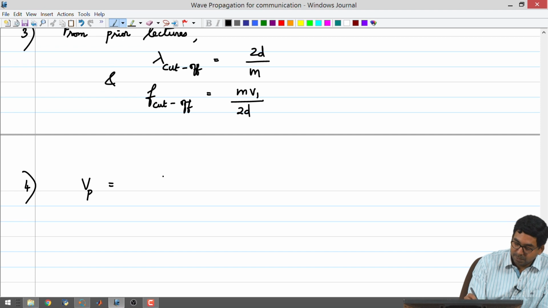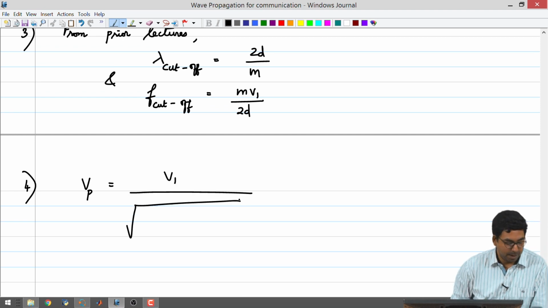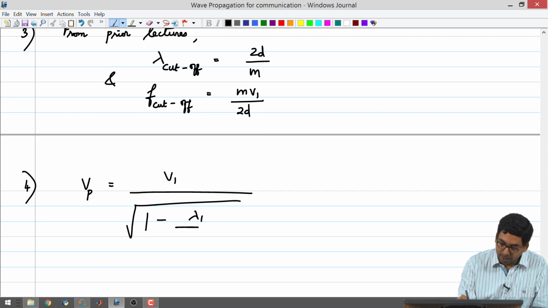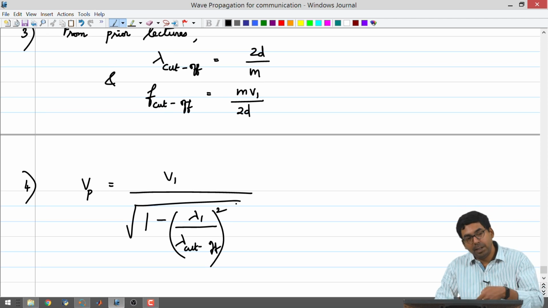So, I can say that the phase velocity is going to be equal to V1 divided by square root of 1 minus lambda 1... I have a ratio of wavelengths.